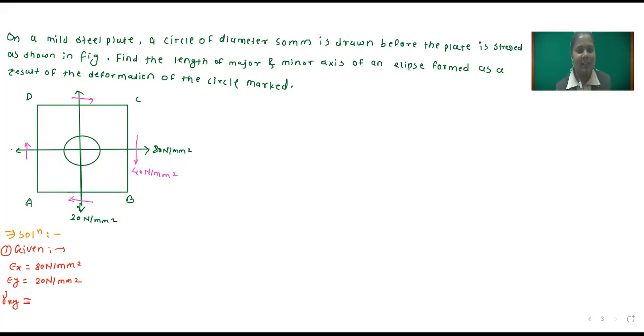So gamma xy is given, that is shear strain, and the value of shear strain is 40 Newton per mm square. Okay. So first we will calculate maximum and minimum principal strain values.